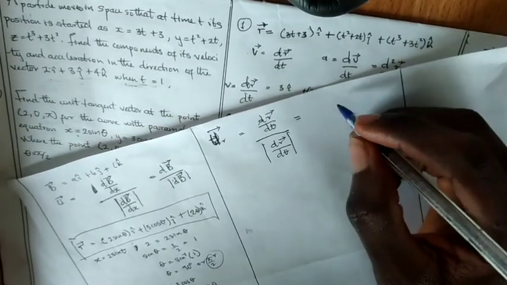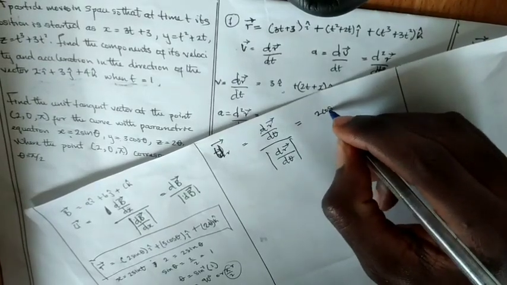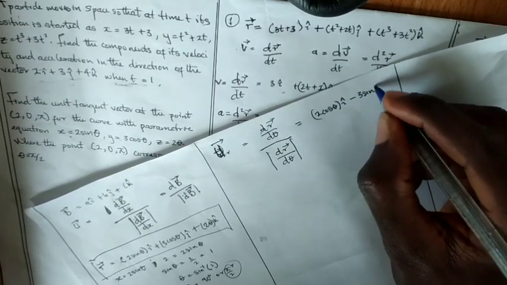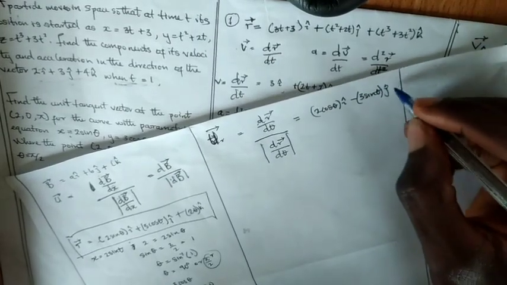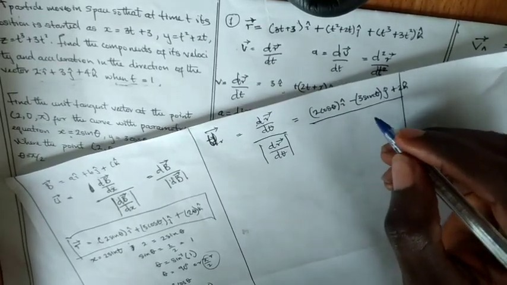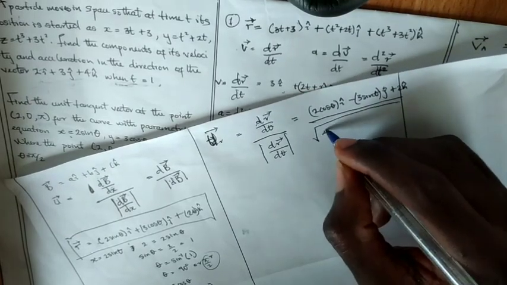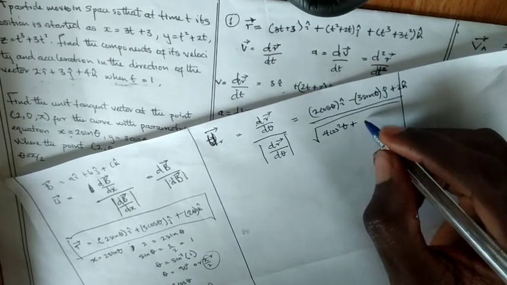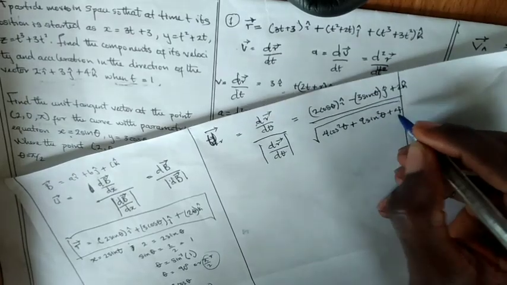Writing that out, this is the derivative here: 2 cos theta i minus 3 sin theta j plus 2k, all over our modulus, which is the root of 4 cos squared theta plus 9 sin squared theta plus 4.